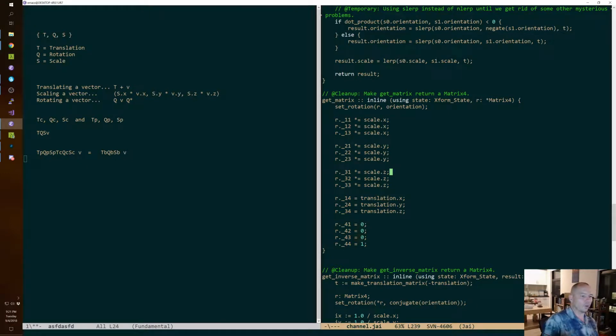Okay, it's clearly translation last, but it's maybe scale first, because otherwise these would be rotated.